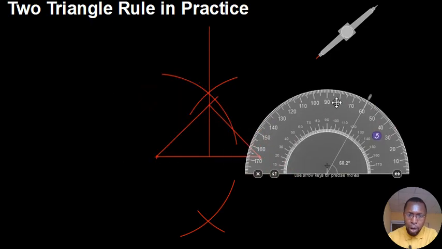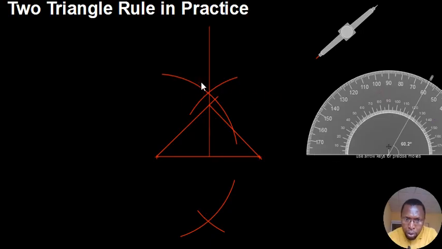I can remove the protractor. Look at the point here. Like I did for the first one, I'll get my ruler and join the end of the line here with that point. But let me make sure that it is touching the vertical line.